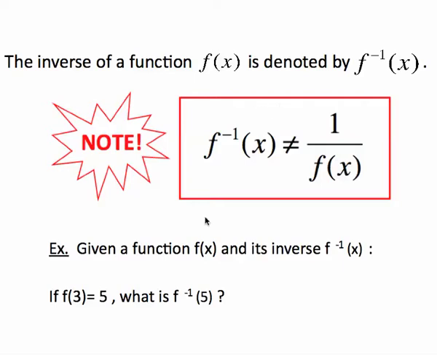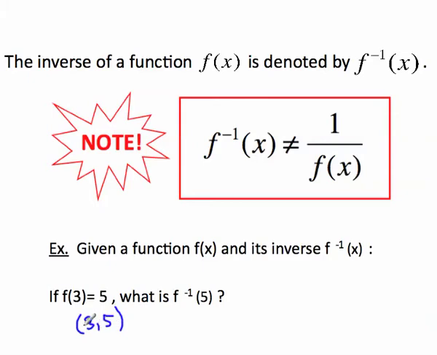Okay, let's look at a quick example. Given a function f of x and its inverse, f inverse of x, if f of 3 is equal to 5, what's f inverse of 5? Well, remember that this is saying when the x value is 3, the y value is 5 on the original function.